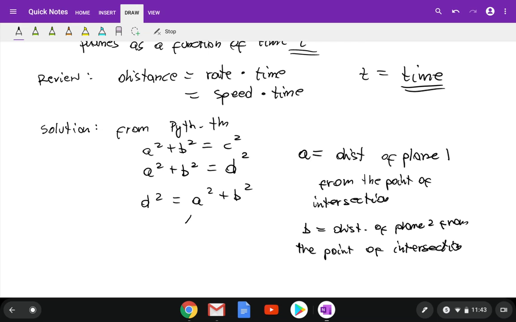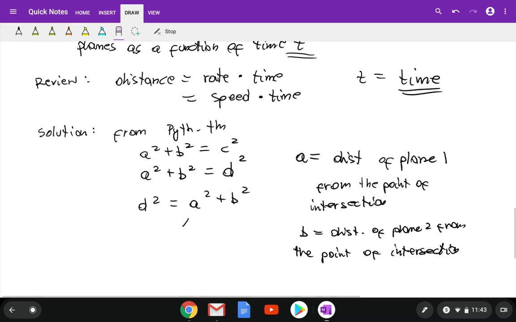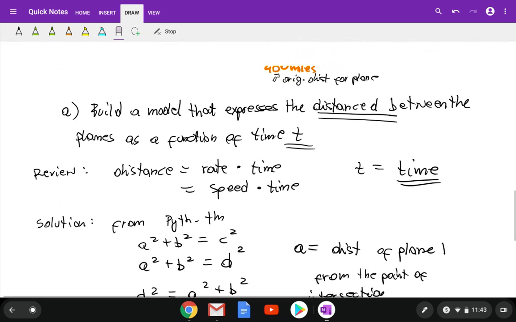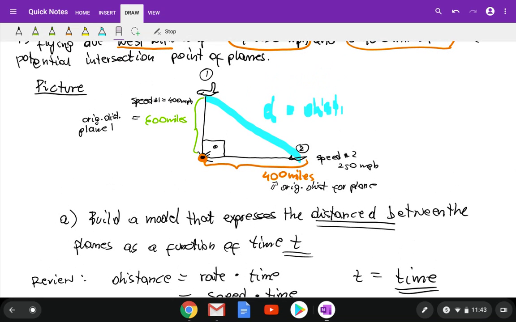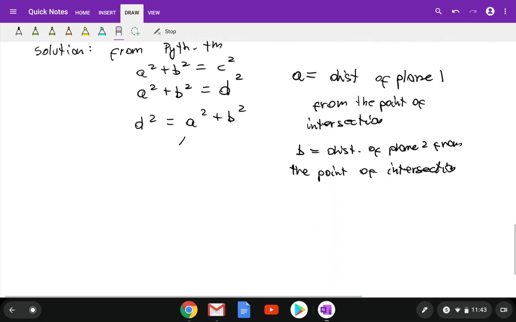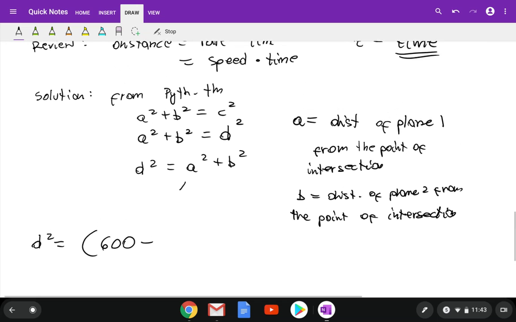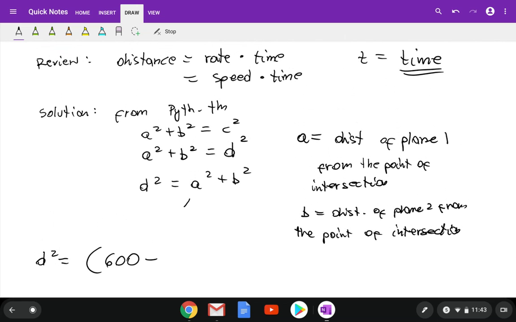Okay, so going back here to this problem, the original distance of plane 1 is 600 miles. So d squared is equal to 600 miles minus, however, again, the distance is changing. It's getting smaller and smaller. The distance formula is rate times time.